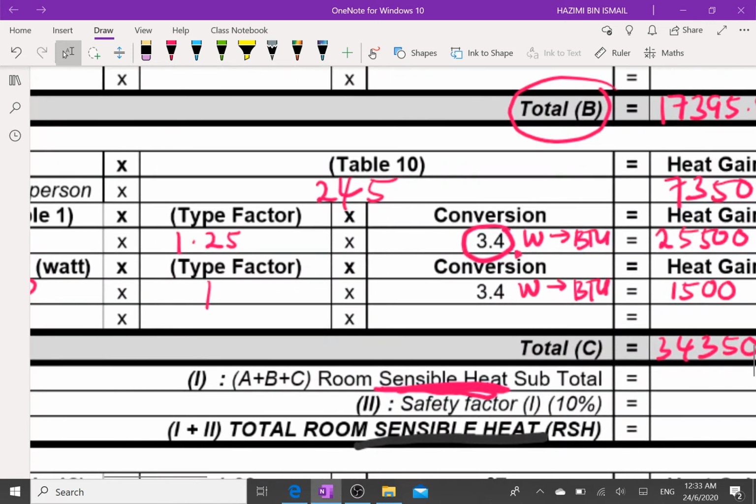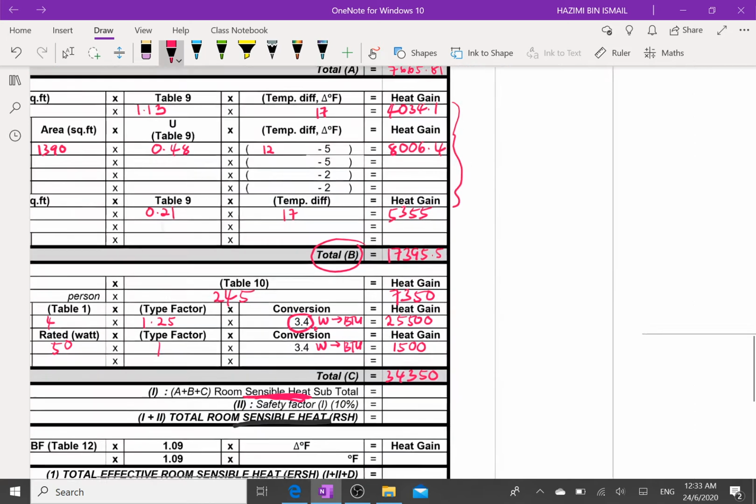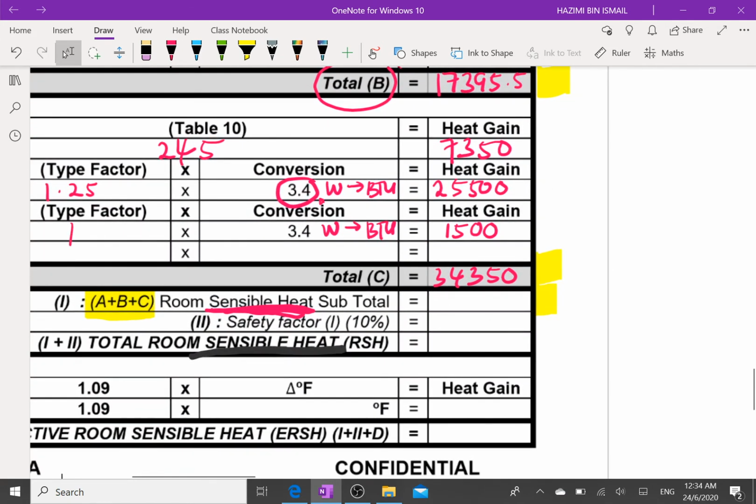So we have to sum up all the values from total A, total B, and total C and put it here. 7665.81 plus 17395.5 plus 34350, and the value is, oh sorry, 59,411.31.